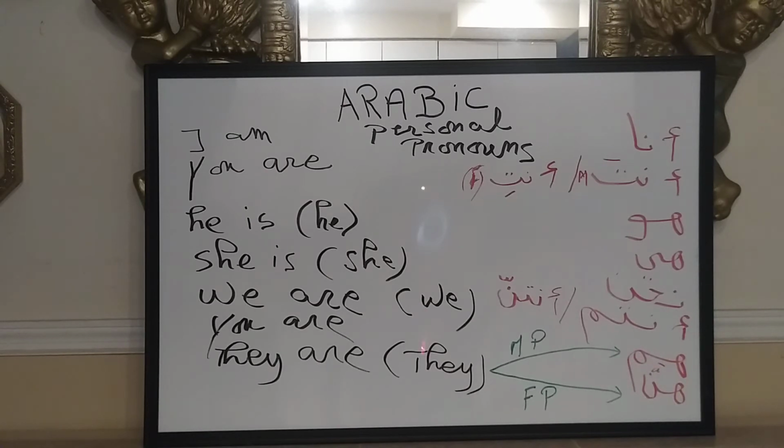Okay, let's recap without reading in the English. We're just going to read the Arabic version of these personal pronouns. أنا, أنت, أنتي, هو, هي, نحن, أنتم, أنتن, هم, هن. Okay, so let's go ahead and recap.